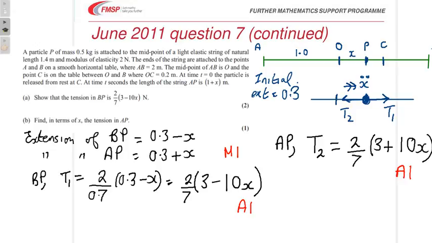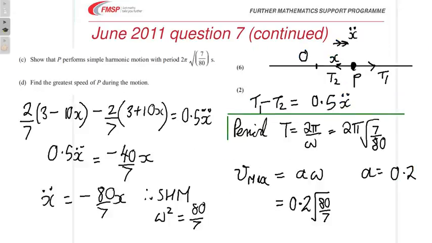Going on. Carrying on from that. To show it performs SHM, we had a total of 6 marks. Well, there was an M1A1 for this equation here.